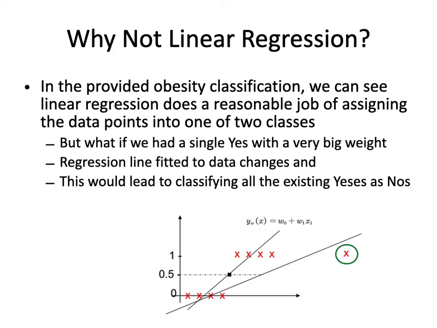We can see here in the figure that the threshold point on the predicted line has shifted to the right, as we classify everything right of this point as a 1 and to the left of this point as a 0. By adding one outlier, the rightmost point, we would classify all existing ones as zeros, thus affecting the classification to a large extent.